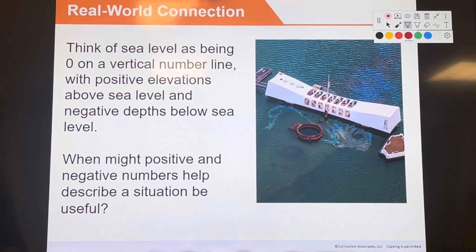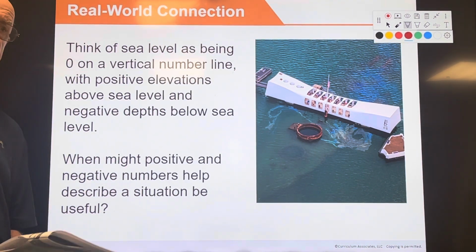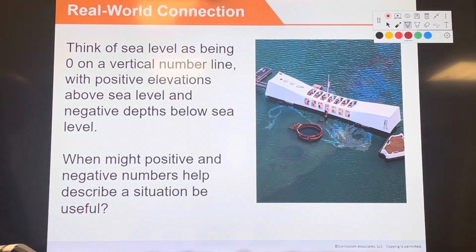When might positive and negative numbers be useful to describe a situation? Well, anything that has to do with elevation, positive and negative would be useful. If you're flying an airplane, if you're in a submarine, if you're scuba diving, any kind of thing like that, positive and negative numbers can help you more accurately describe the situation.